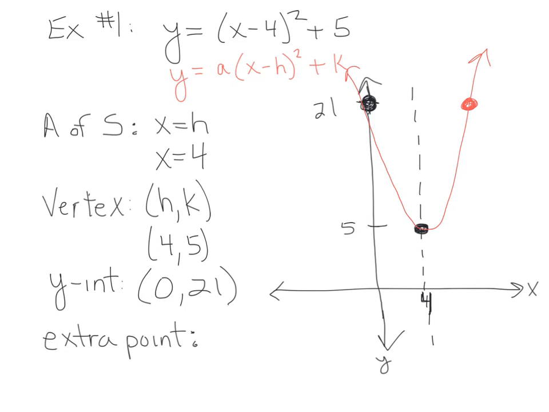Again, straight across from the y-intercept, and from here to here is 4, so if you go 4 more, that must put you at 4 plus 4, which is 8. So my extra point should be over 8, up 21. And there you go.